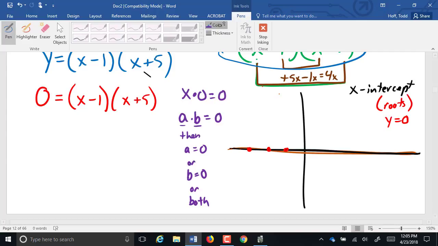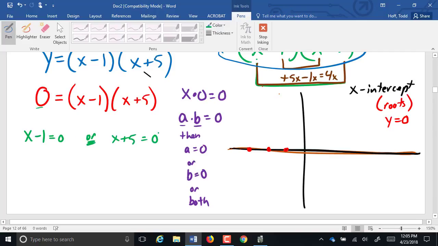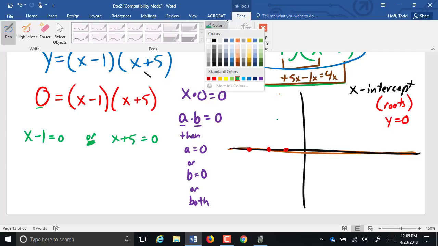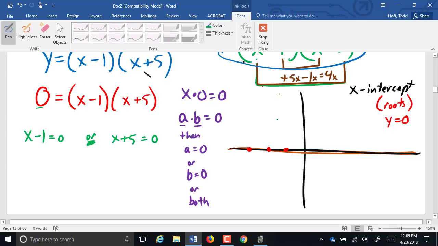So up here, what that's telling us is x minus 1 times x plus 5 equals 0. So that means either x minus 1 equals 0 or x plus 5 equals 0. And we can solve that for our roots. So here, solving this for x, we would add 1. We get x equals 1.